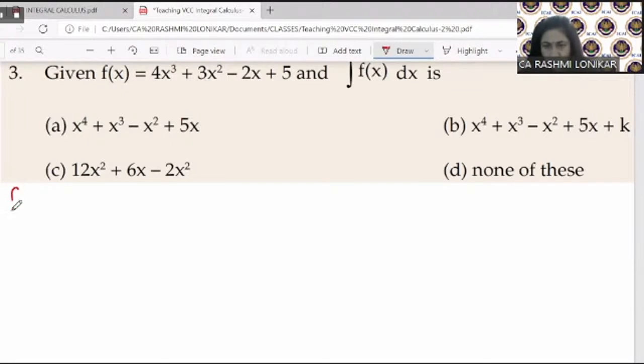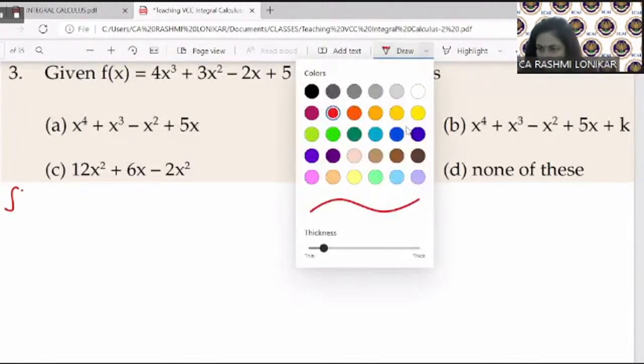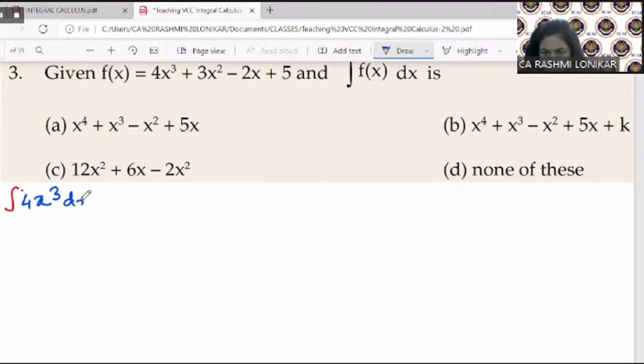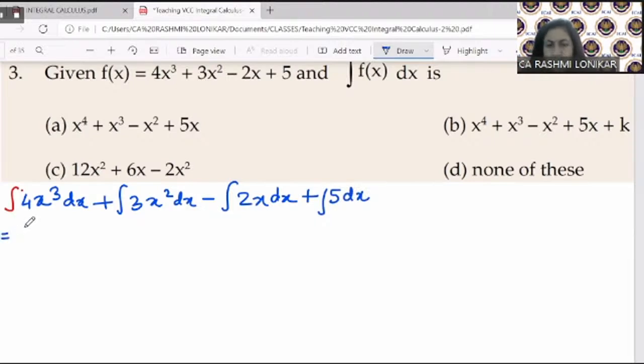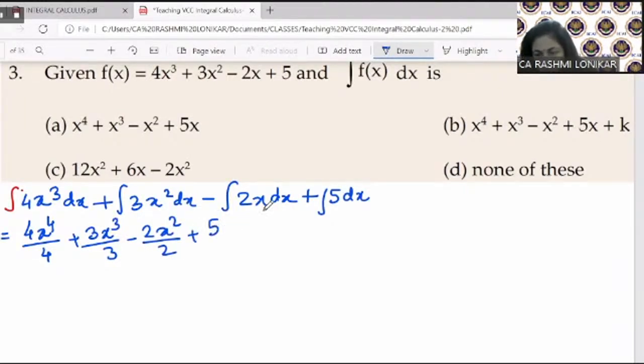We have the integration of 4x cube dx plus the integration of 3x square dx minus the integration of 2x dx plus the integration of 5 dx, which is equal to 4x raised to 4 upon 4 plus 3x raised to 3 upon 3 minus 2x square upon 2 plus 5 into... Now remember that this is the integral of 5 dx, that is 5 integral of 1 dx.